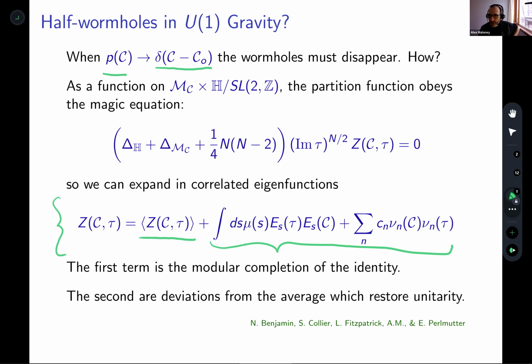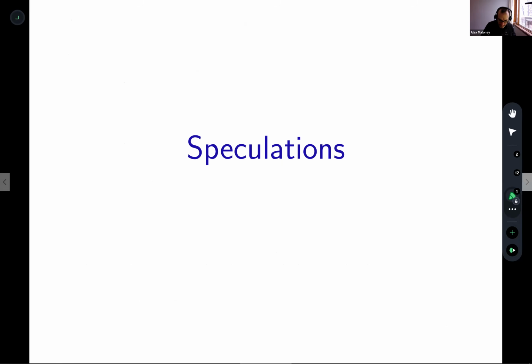I think it is these terms over here that are the magical things that essentially cancel out the contribution of the wormholes, or at least correct the contribution of the wormholes to restore factorization in Euclidean signature. I've written down the answers here in a very formal way. I think there's probably a lot to be learned from how exactly they restore unitarity.